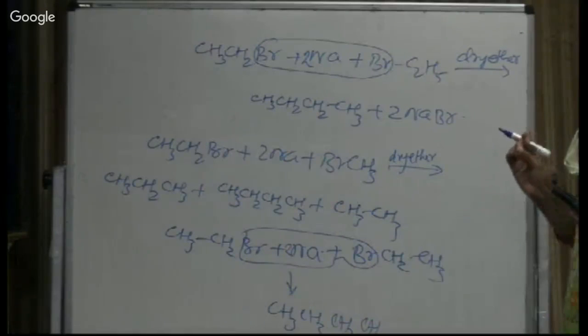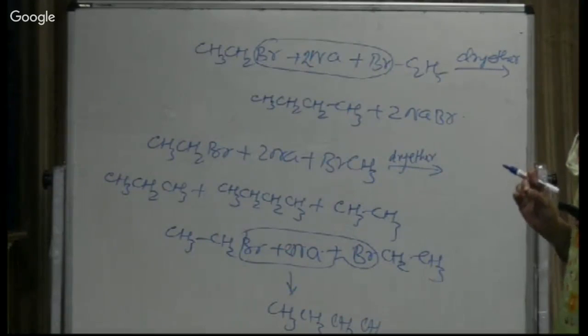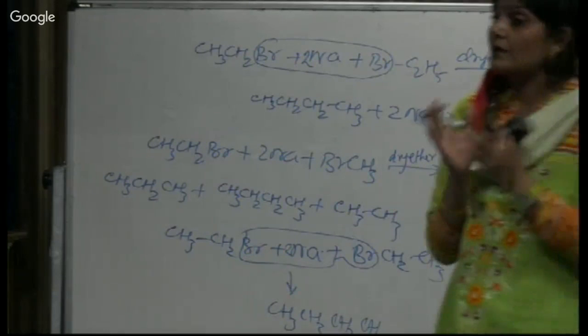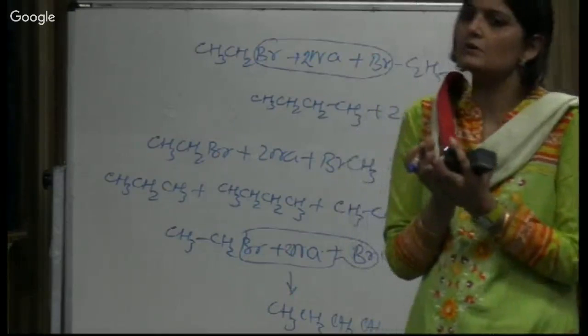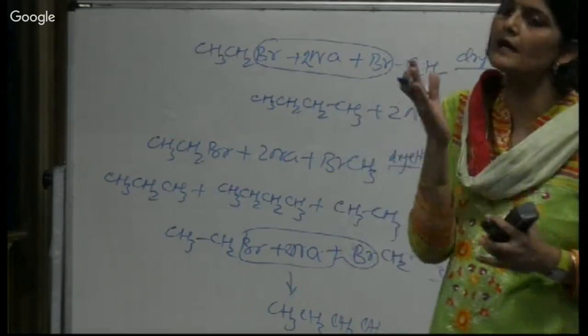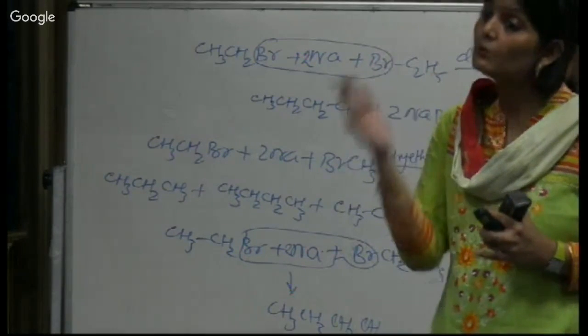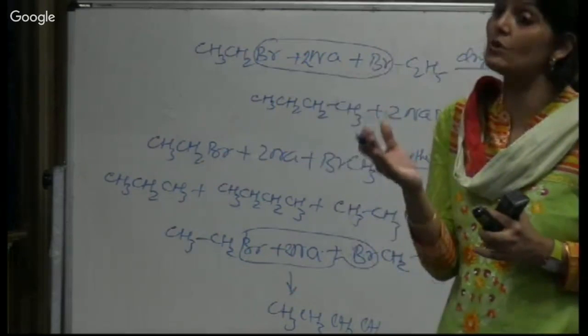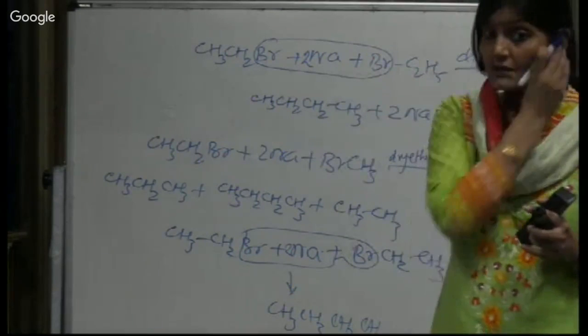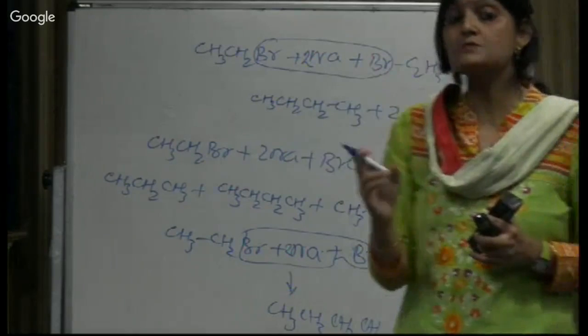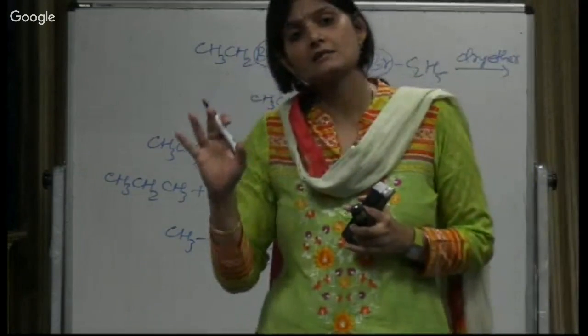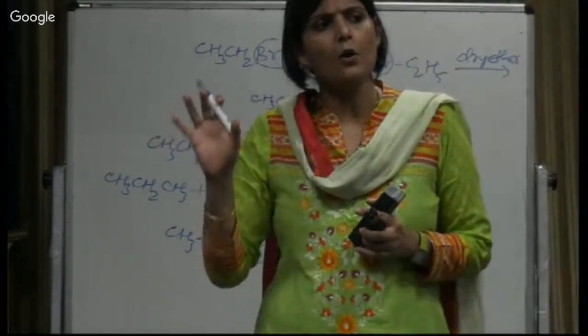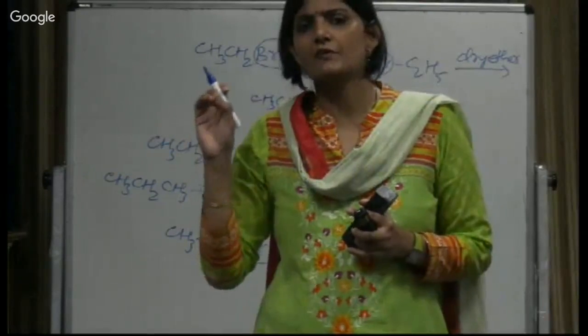The next preparation from alkyl halides is what we call the Corey-House synthesis. Corey-House synthesis also is a method to convert alkyl halides to alkanes. The advantage over Wurtz's reaction is that it can be used to prepare alkanes having both odd or even numbers of carbons.